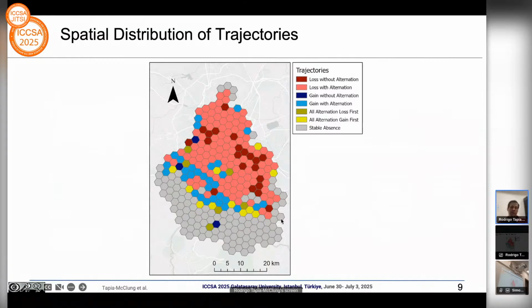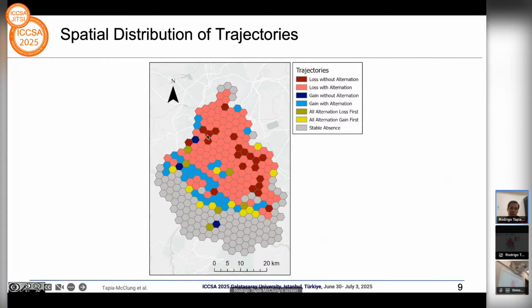There are very few urban settlements in there, just a few over here we can see in these cells. On the largest chunk of the urban concentration area, which is the central part or the northern part, we can see they have loss with alternation trajectories in most of them.